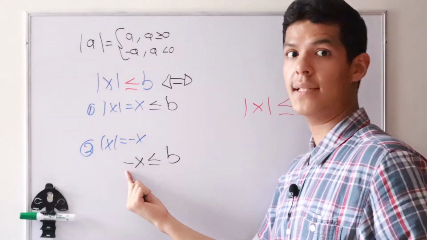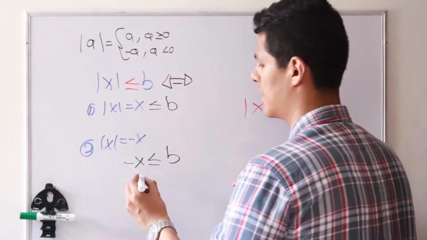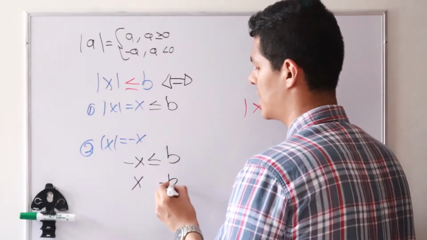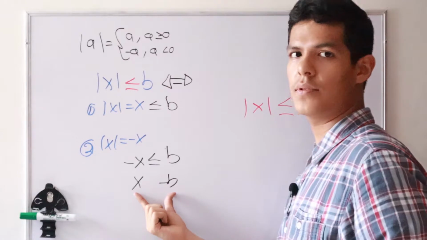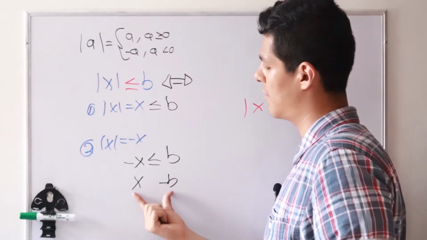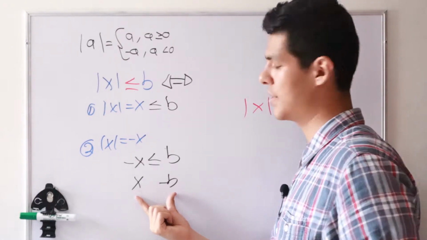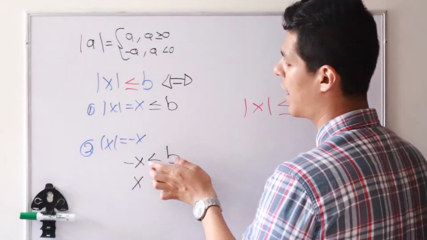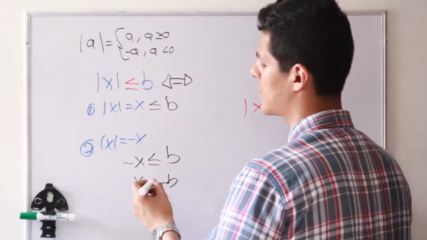By passing the minus to the other side, we need to change the signs of those numbers, and also change the direction of the inequality.